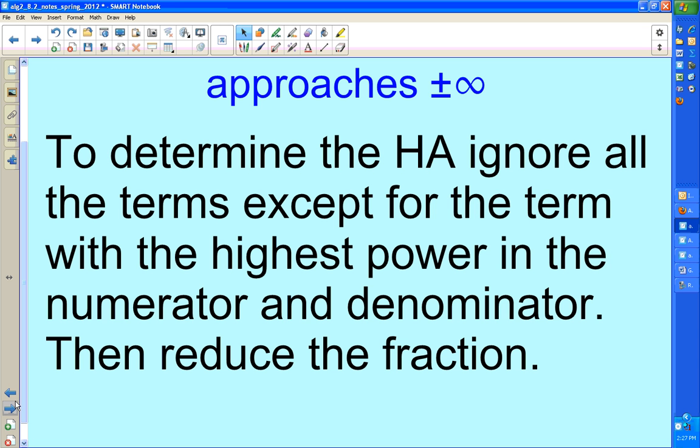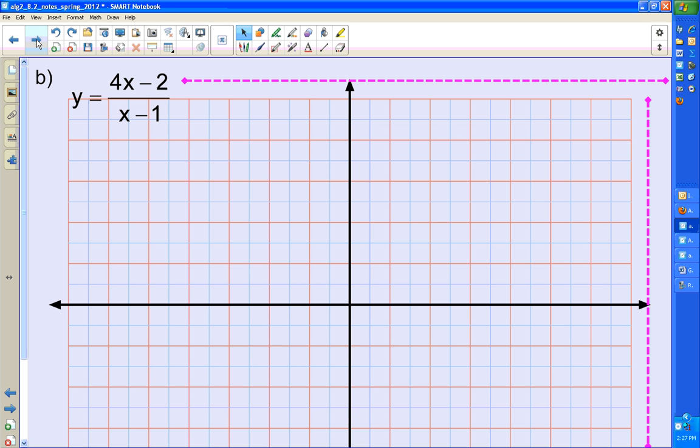Slant asymptotes are what the graph approaches. They still go to infinity. What's the domain and range for any linear equation that's not vertical? All reals, right? So we don't have to worry about that. That won't impact your domain and range. Only horizontal and vertical will. Okay? So let me just show you quickly how to find the horizontal and vertical asymptotes, and this is where we're going to stop for today.